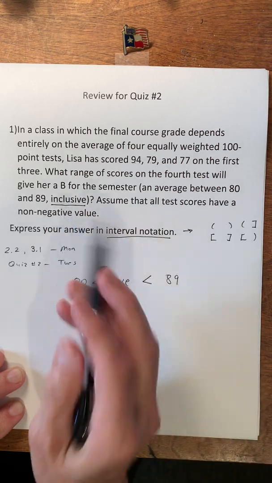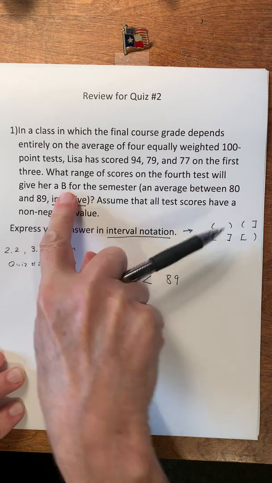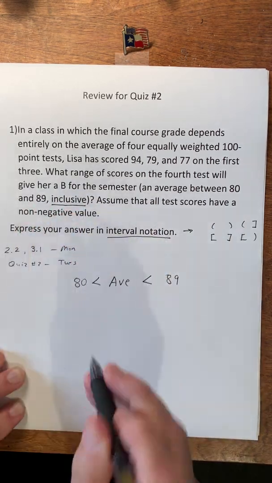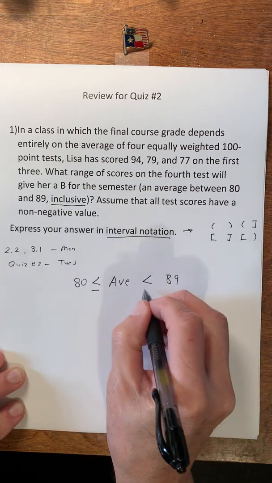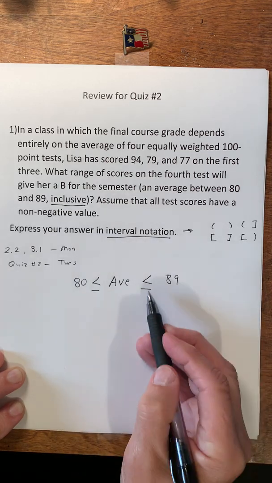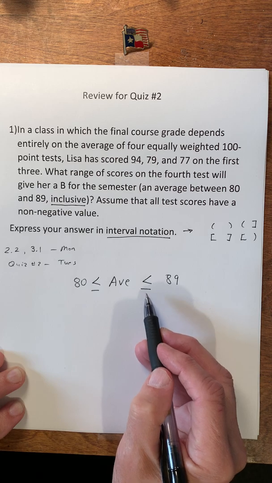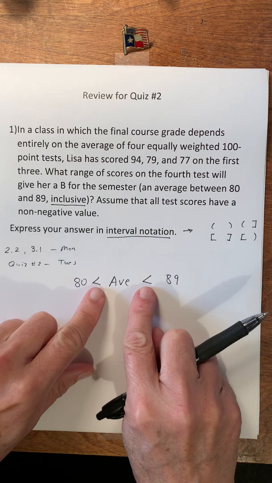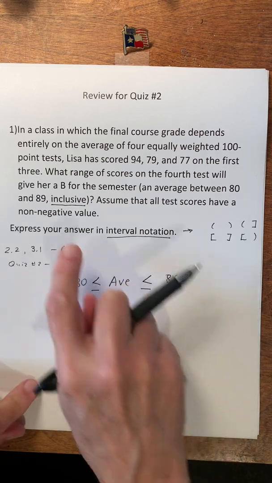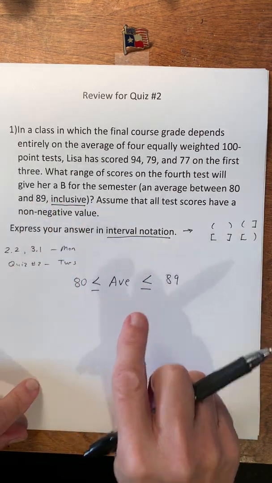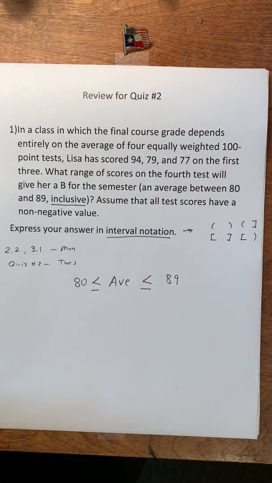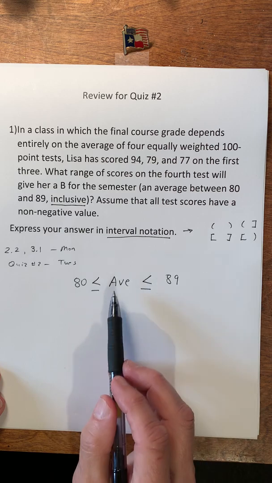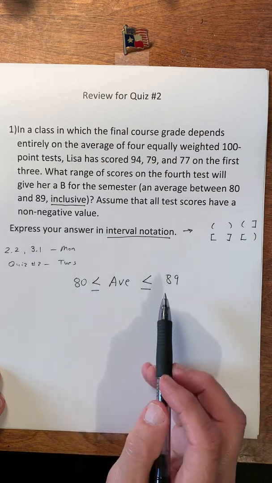If it just had between 80 and 89, this is what we would put. Since they add the word inclusive, we want to include 80 and 89, so we put the less than or equal to symbols. Got that? Between is just less than. Inclusive means include those endpoints. We add the equal to signs. So her average has to be somewhere between 80 and 89, or including 80 and 89.